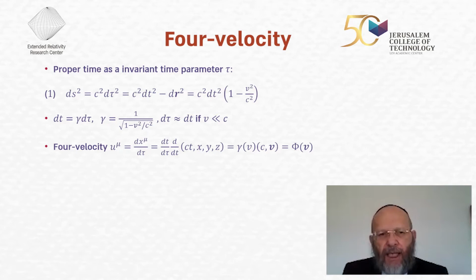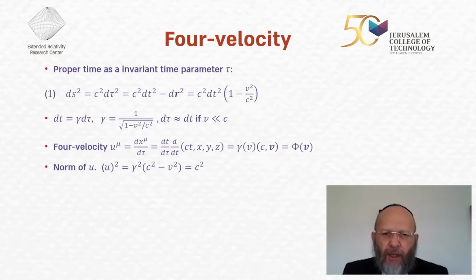Now, dt by d tau from here, you see, is gamma. And what you'll get here is c. And when you differentiate this by t, you get c in the first place, and dx by dt is v. So we have a map for each v, for velocity. So there's a one-to-one map between the four-velocities, which have this form, and the velocity v.